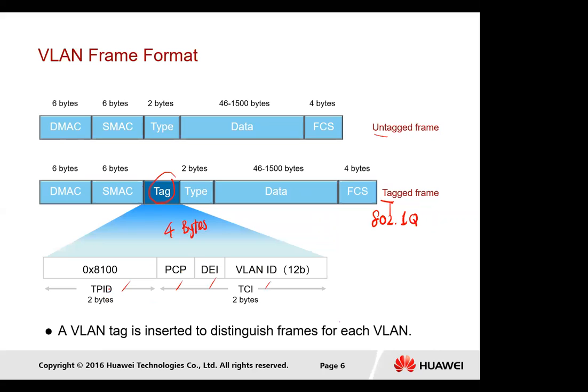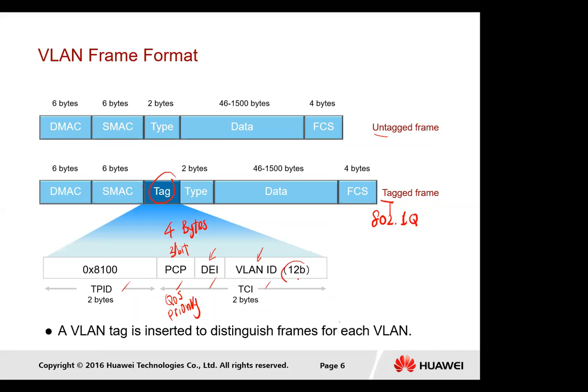The TPID represents that you are running Ethernet. The PCP is for QoS based on your priority, and the priority of QoS has 3 bits. The DEI tells you about the environment you are in, whether the normal network or token ring. And the last one is the VLAN ID.